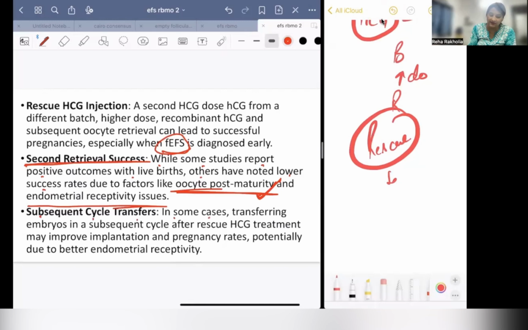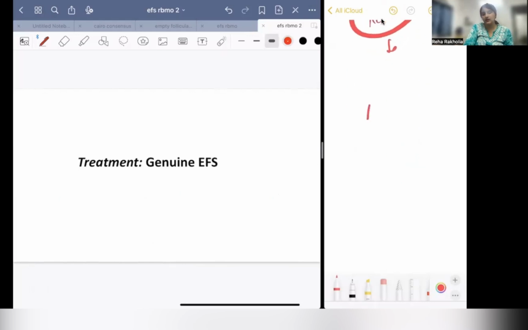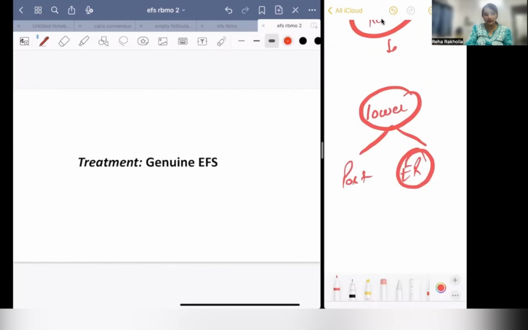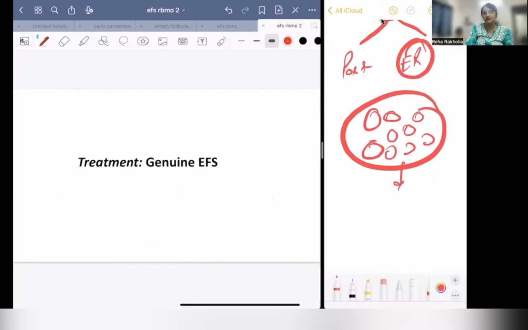Subsequent cycle transfer: in some cases, transferring the embryo in a subsequent cycle after rescue HCG treatment may improve implantation and pregnancy rate, potentially due to better endometrial receptivity. Lower success rate can be there after a rescue HCG dose because of two things: one is post maturity, second is endometrial receptivity alteration. So we can retrieve the oocytes, freeze them, and transfer them in another cycle.